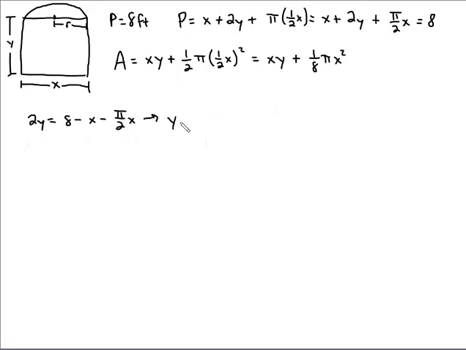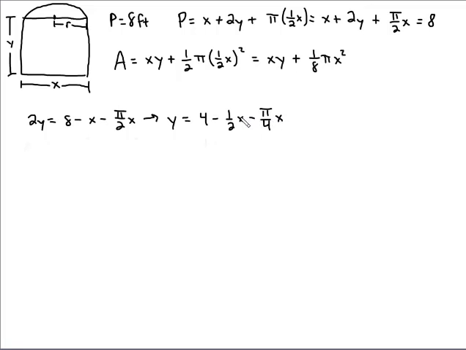We'll have to divide everything by 2 first, so we'll get y equals 4 minus 1/2 x minus pi over 2 x. Now, sorry, that'll be pi over 4x. Let me fix that. Pi over 4x, dividing everything by 2 there.